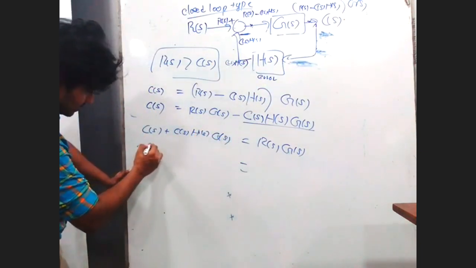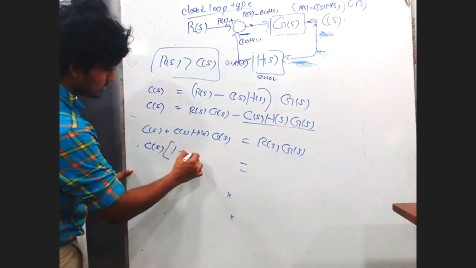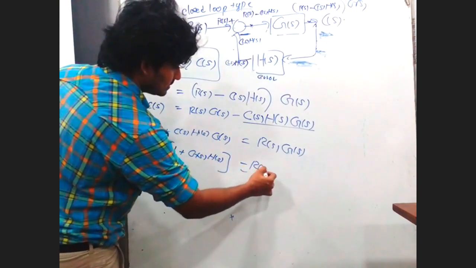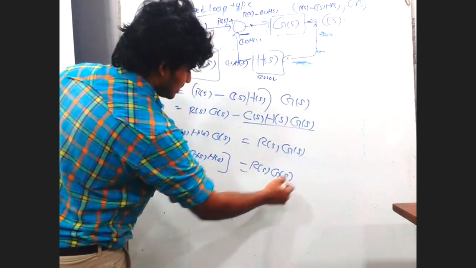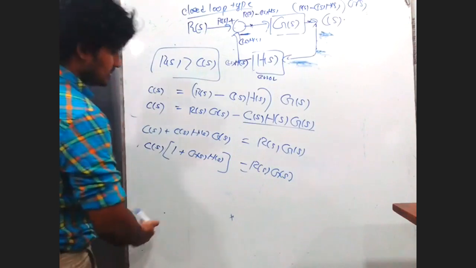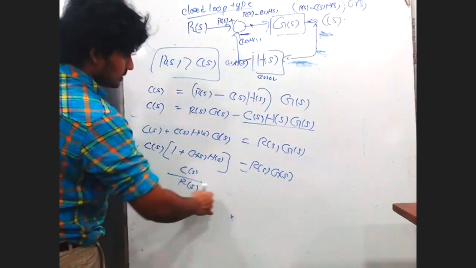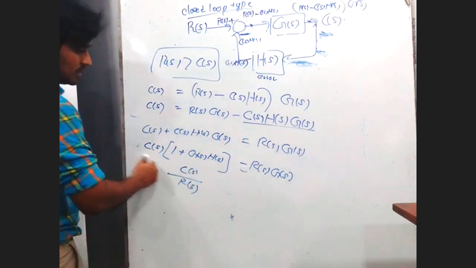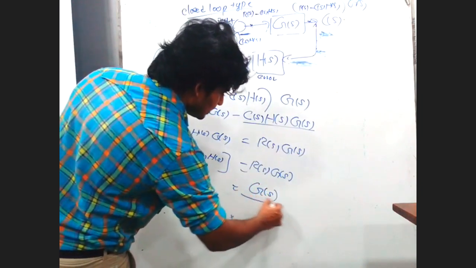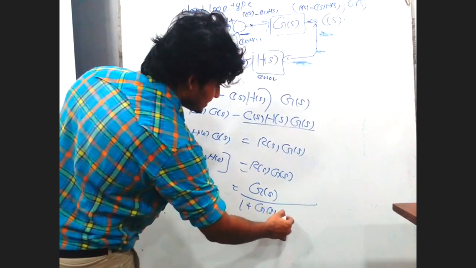Then we take the common factor Cs, so we have Cs times 1 plus Gs Hs, and here we have Rs times Gs. Finally, we have Cs divided by Rs: you take Rs here and keep Cs there, and here you put Gs divided by 1 plus Gs Hs.